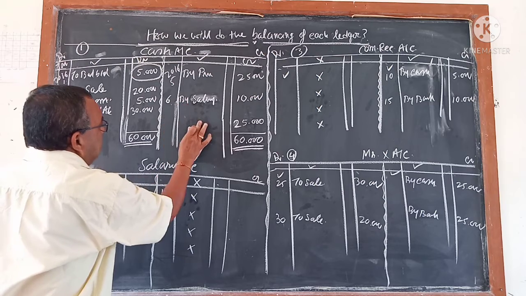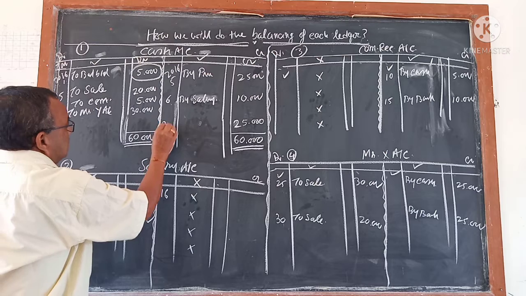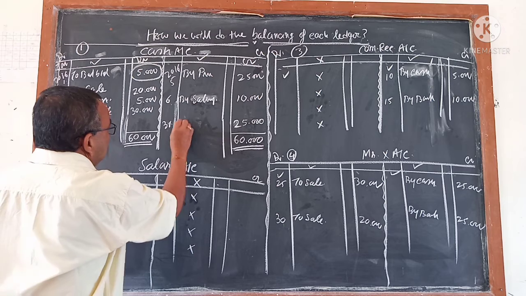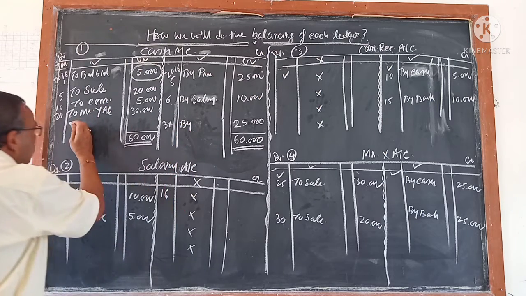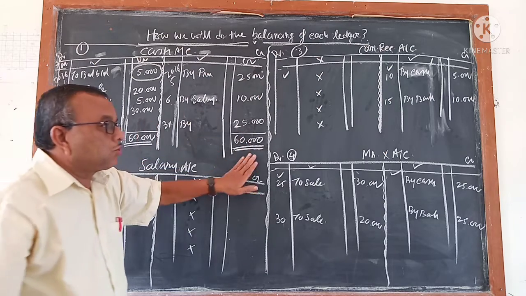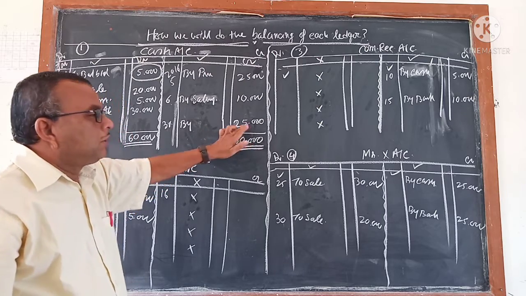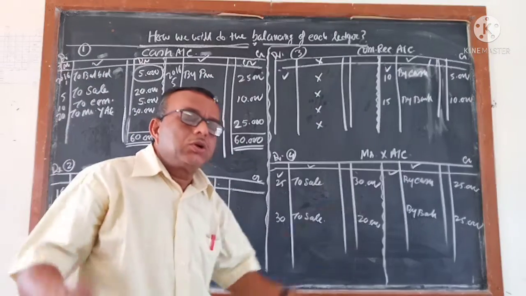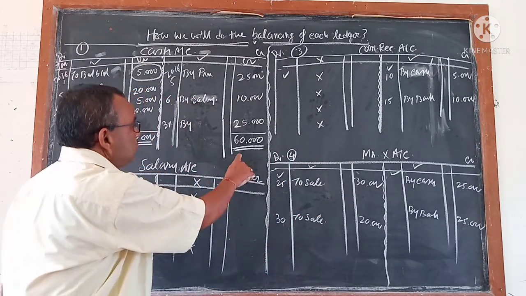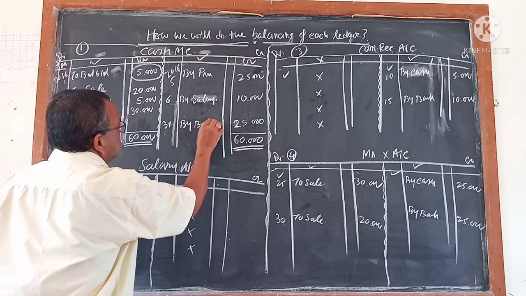But the second step is still not complete. Here you write the last date of the month. It is the month of January, so it is the 31st. If the balance comes on this side we write 'By', and if it comes on the other side we write 'To'. Sometimes the balance comes on this side also if this side total is more. The side on which the balance comes indicates which side is less. Balance is written above the total with the last date of the month, as 'By balance CD'.